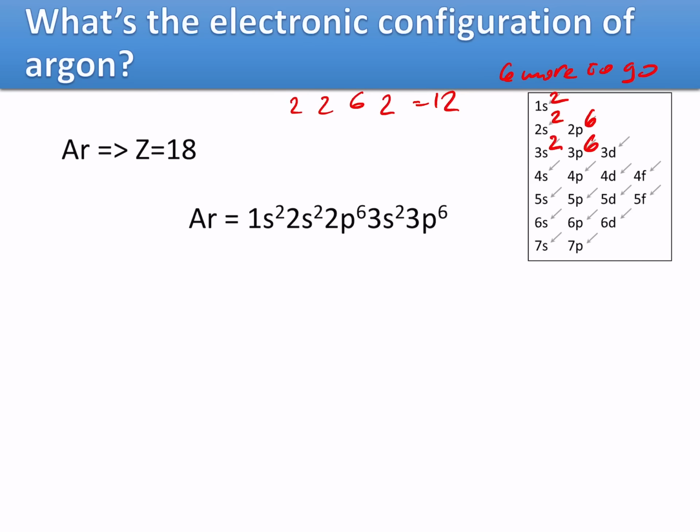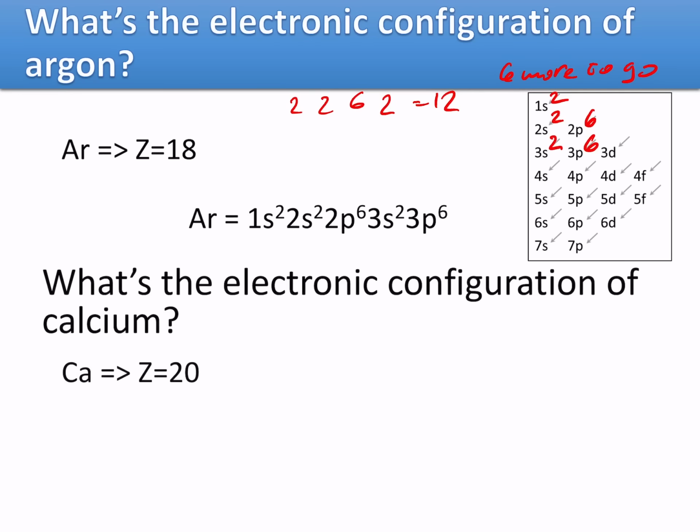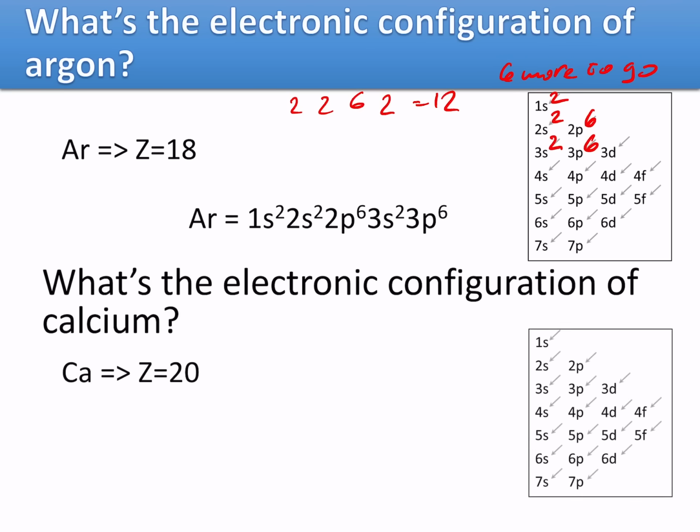Now, what if we want to do the configuration of calcium? Well, you're going to say, it's Z equals 20. So technically it's the same configuration of argon, so 2, 2, 6, 2, 6. Okay, at this point, you have 18 electrons.